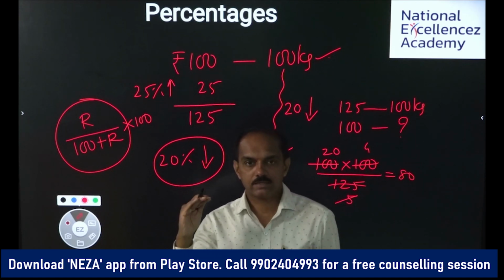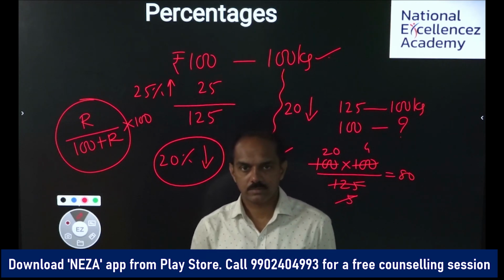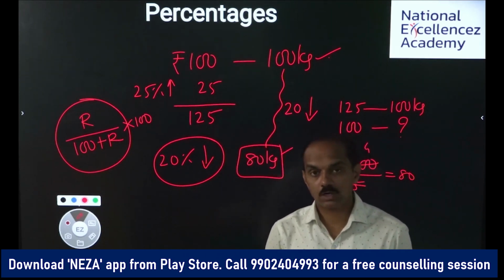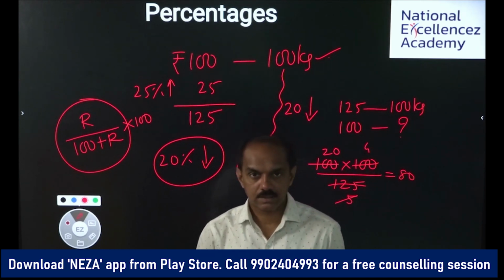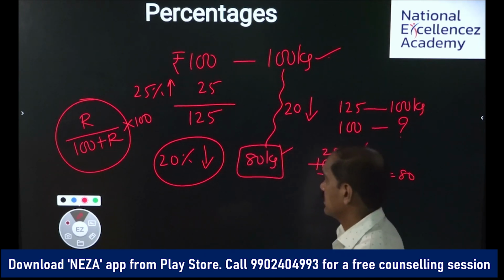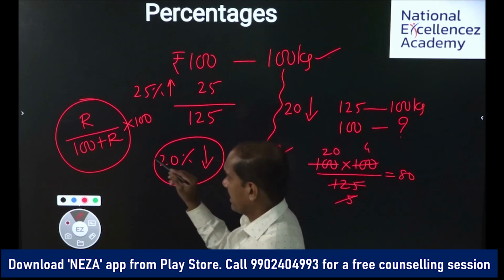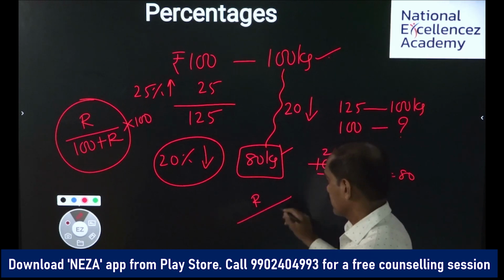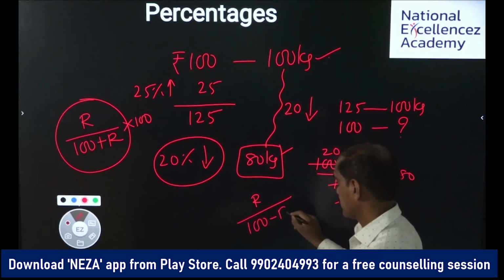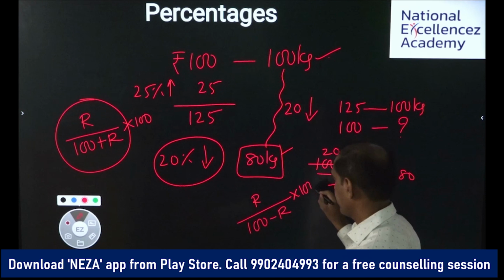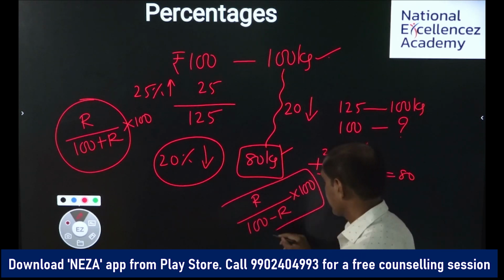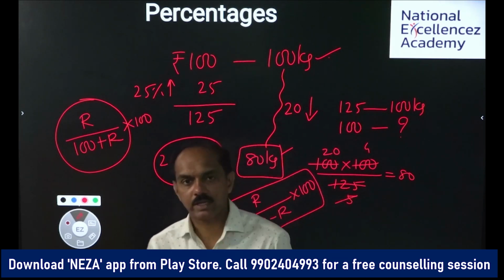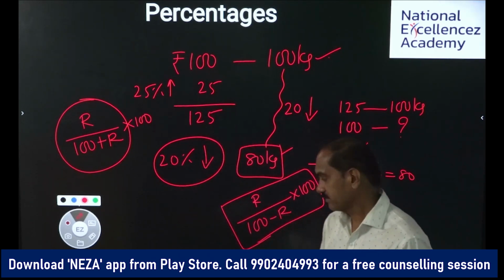So when the price of a commodity is decreased by 20%, by what percent can you increase its consumption? This kind of problems can be managed just by putting a minus sign here: R upon 100 minus R, into 100. This is exactly the reverse. The price is decreased and you can increase its consumption. Okay.